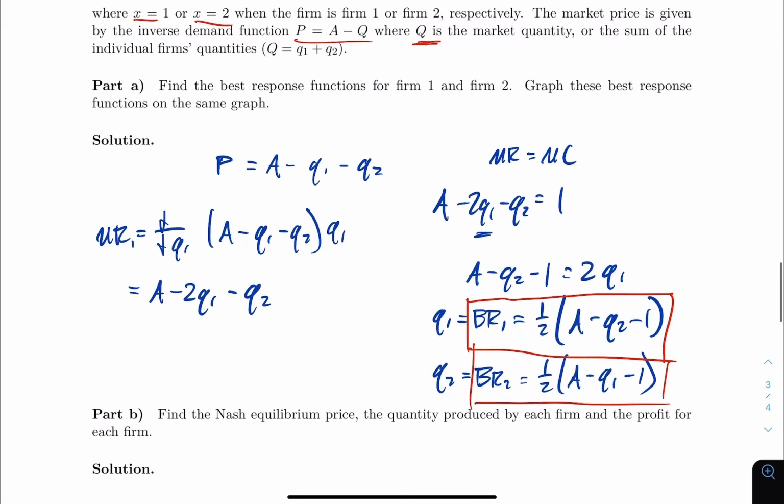And then the last part of this question is to graph this. So we're going to graph the best response functions. And let's see, I've sort of run out of space, so I'm going to just rearrange a few things.